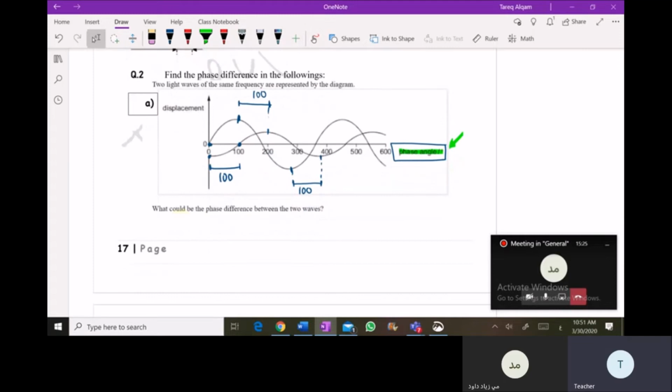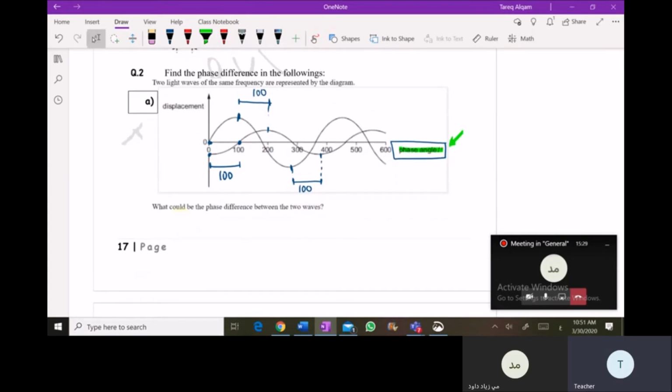To find the phase difference here, look, find the phase difference in the following cases. I have to take two corresponding or two equivalent points to find the phase difference. And here I took a crest with a crest, right? It's around 100.